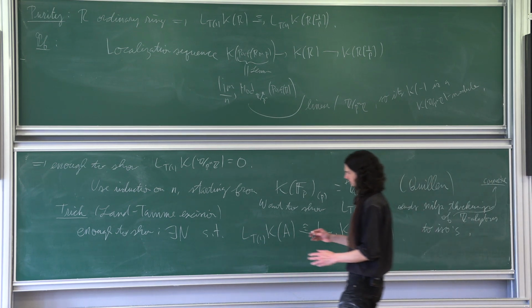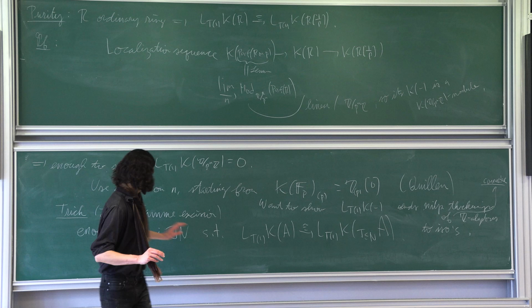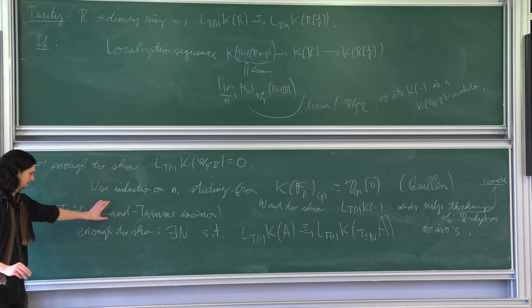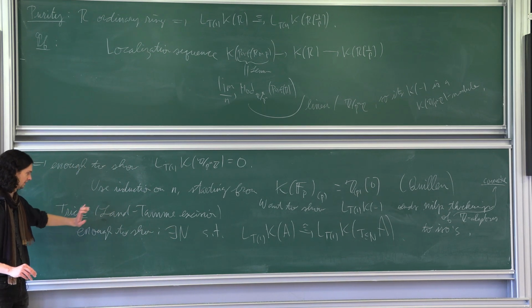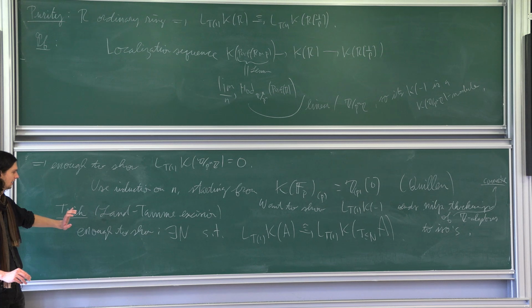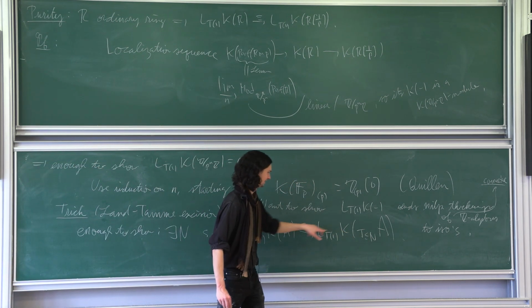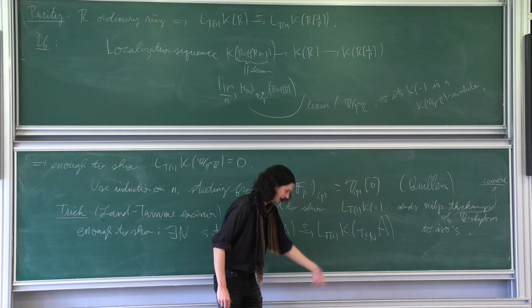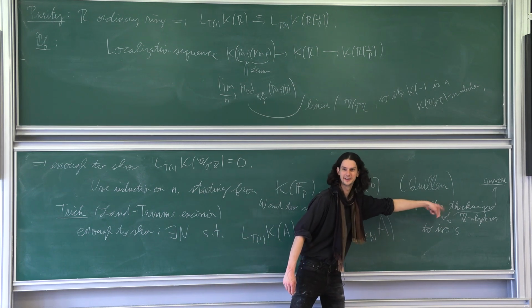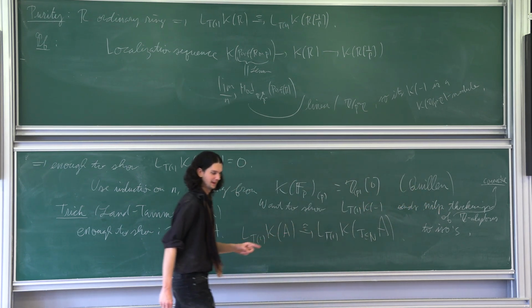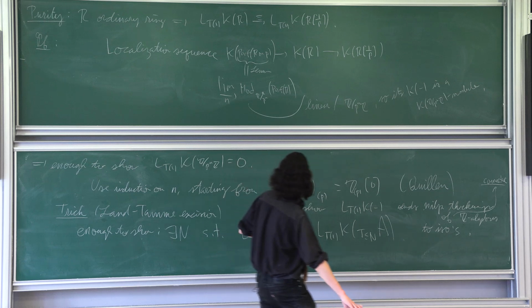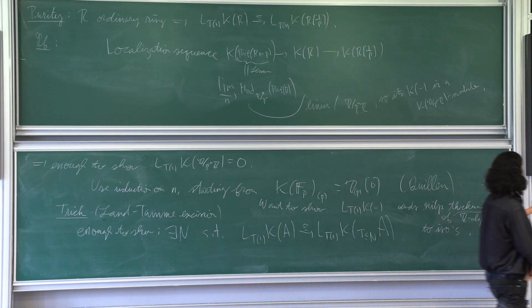But there's a beautiful trick, which I don't have time to get into, based on this really powerful version of excision that Land-Tamme proved, which says that once you get to any finite truncation, then you automatically get all the way down to 0, and then you even get nilpotent thickenings for free. I wish I had time to explain it because it's beautiful, but I don't.